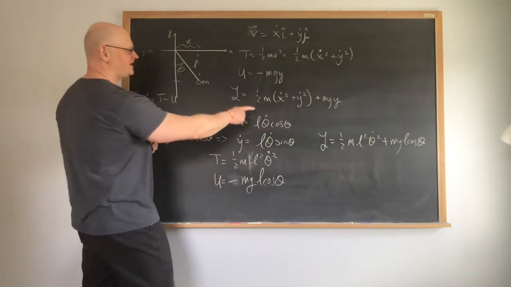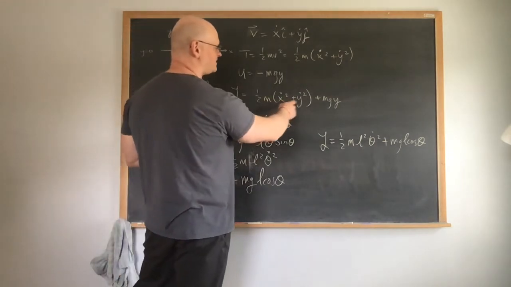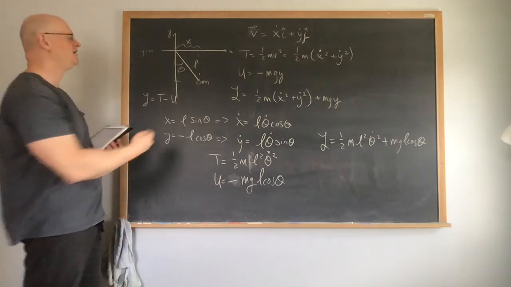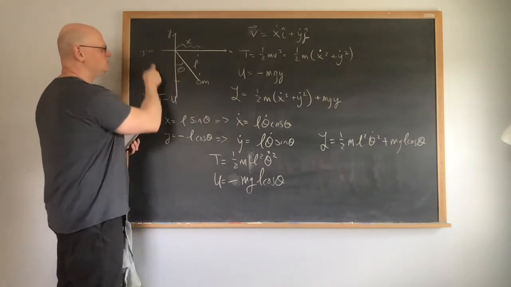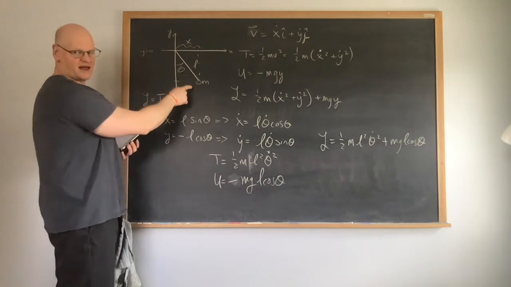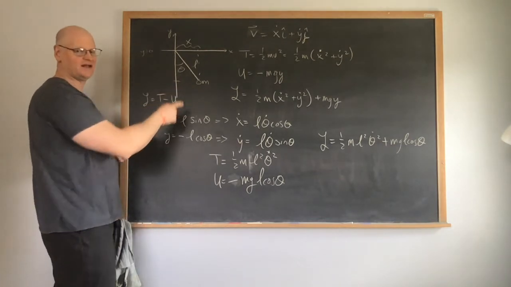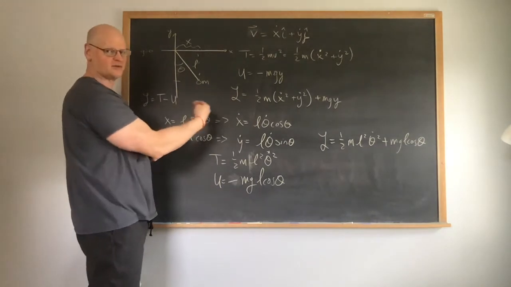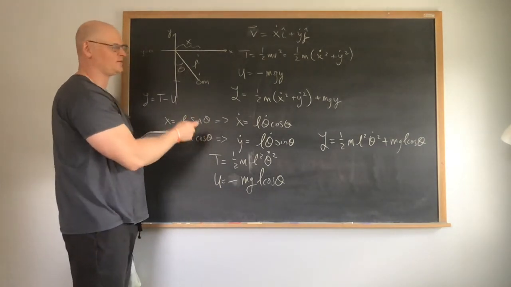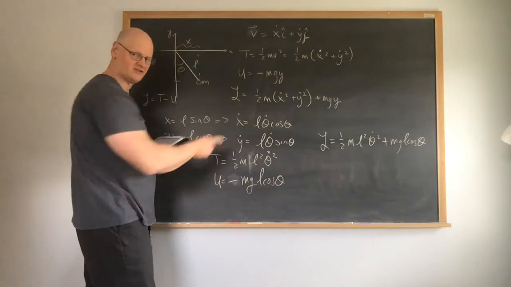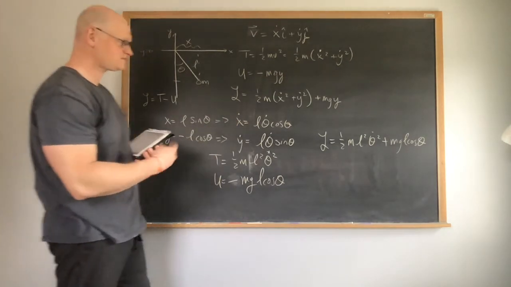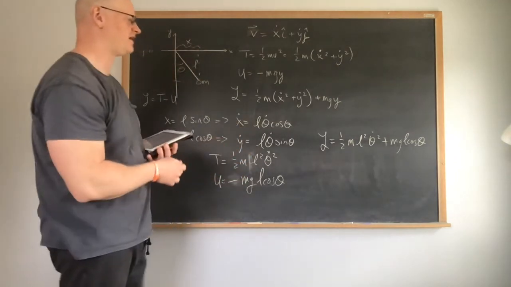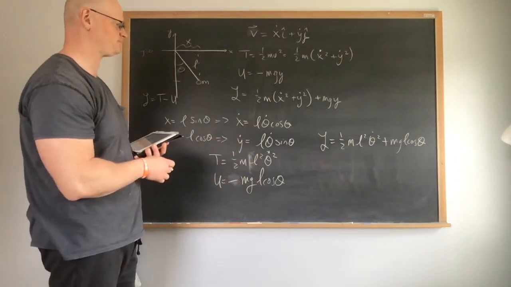The reason is that x and y are not completely independent from each other, because this thing has to move along this fixed length L. So there's a constraint I would have to put in to solve this, which I haven't put in. Overall, there's only 1 degree of freedom, so it's easier to work here because I already have that degree of freedom built in.